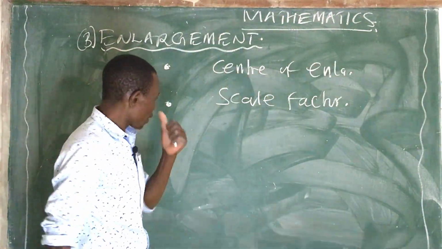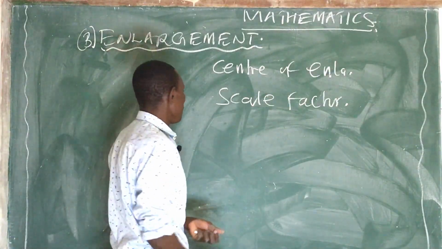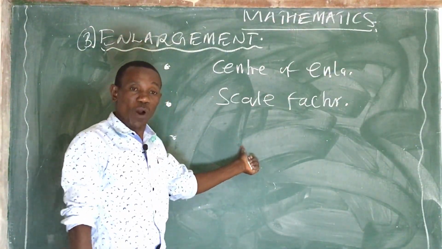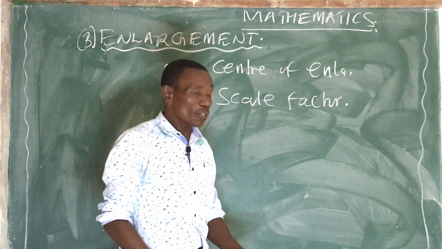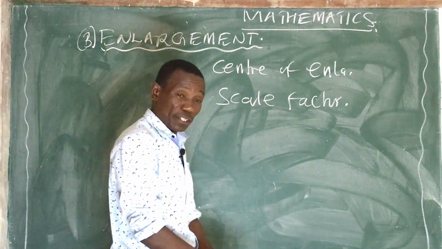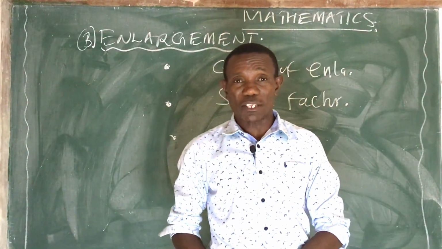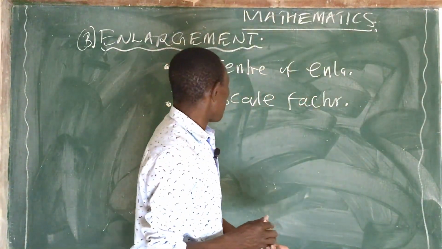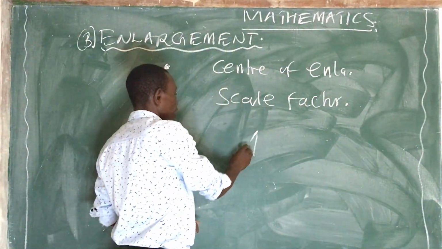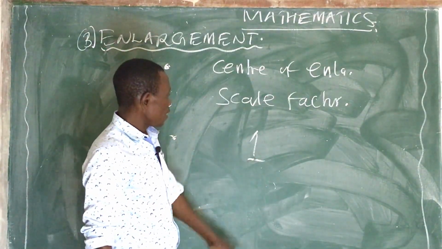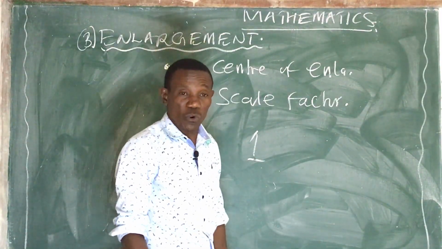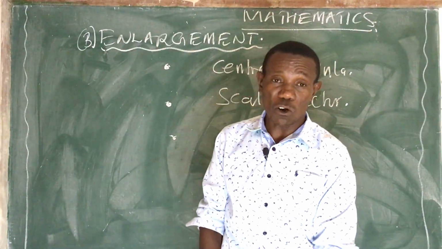scale factor. That is to say, if the scale factor is less than 1, as I indicated, we expect that the image generated must be smaller compared to the object. But if the scale factor is greater than 1, it means the image is always greater than the object.